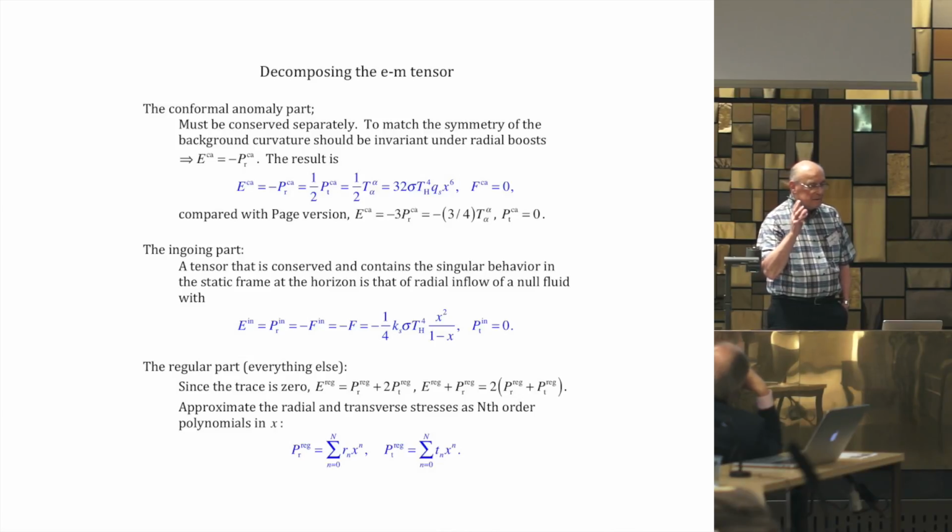Therefore, there should be a component of the energy momentum tensor which also depends only on the curvature of the background, not on the quantum state. That component must be conserved separately from the rest of the energy momentum tensor, which does depend on the quantum state.